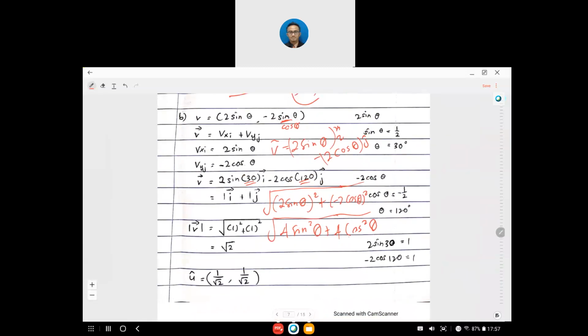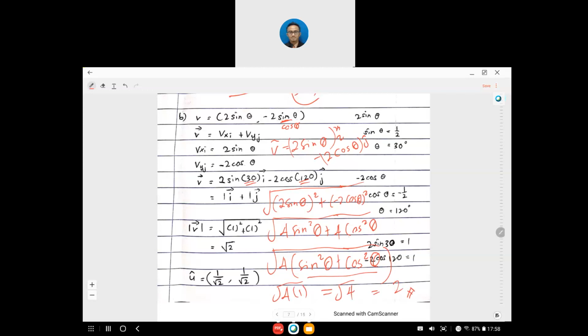This one, simplify 4, you can get sin square theta plus cos square theta. Sin square theta plus cos square theta is equal to 1. So awak akan dapat 4 times 1. So your magnitude equal to square root of 4, so equal to 2. Ni magnitude you. Sama dengan 2.